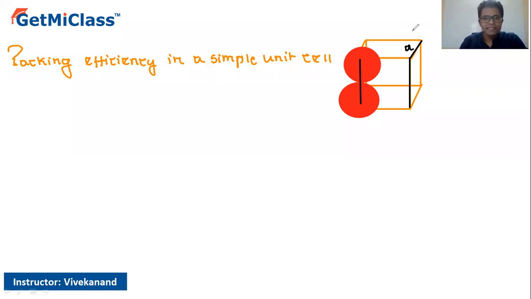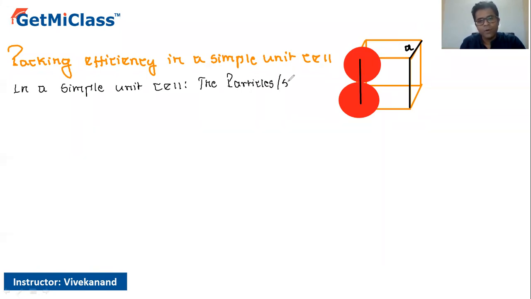There are certain things that we know about this unit cell. In a simple unit cell, there are particles, or spheres, only at the corners.